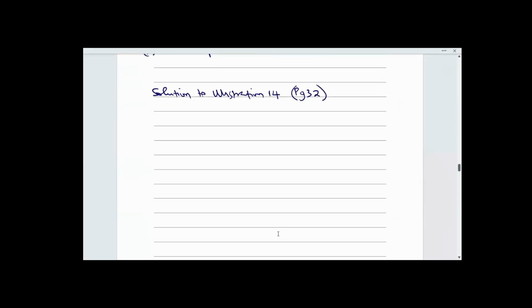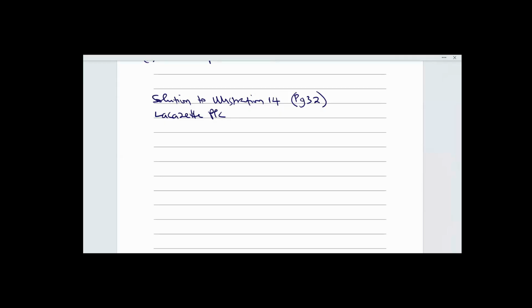All right. So the name of the company is Lacassetti PLC. The examiner is asking you to advise whether investors should convert at the current share price of 4 naira, 5 naira, and then 6 naira.